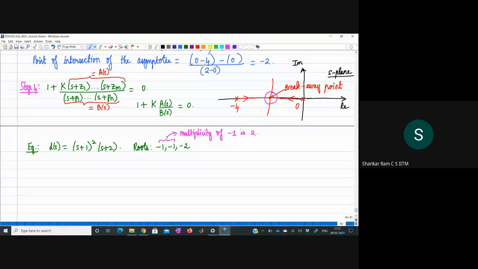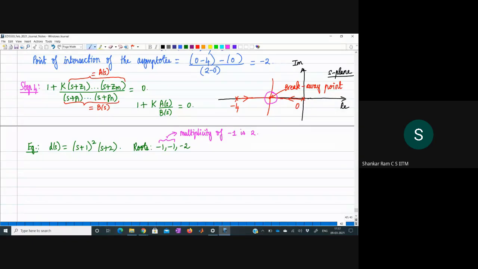Then there is a repeating closed loop pole at the breakaway point, because each branch of the root locus corresponds to one closed loop pole. If two branches hit each other, there is a repeating pole at that point, and that's why multiplicity becomes important.